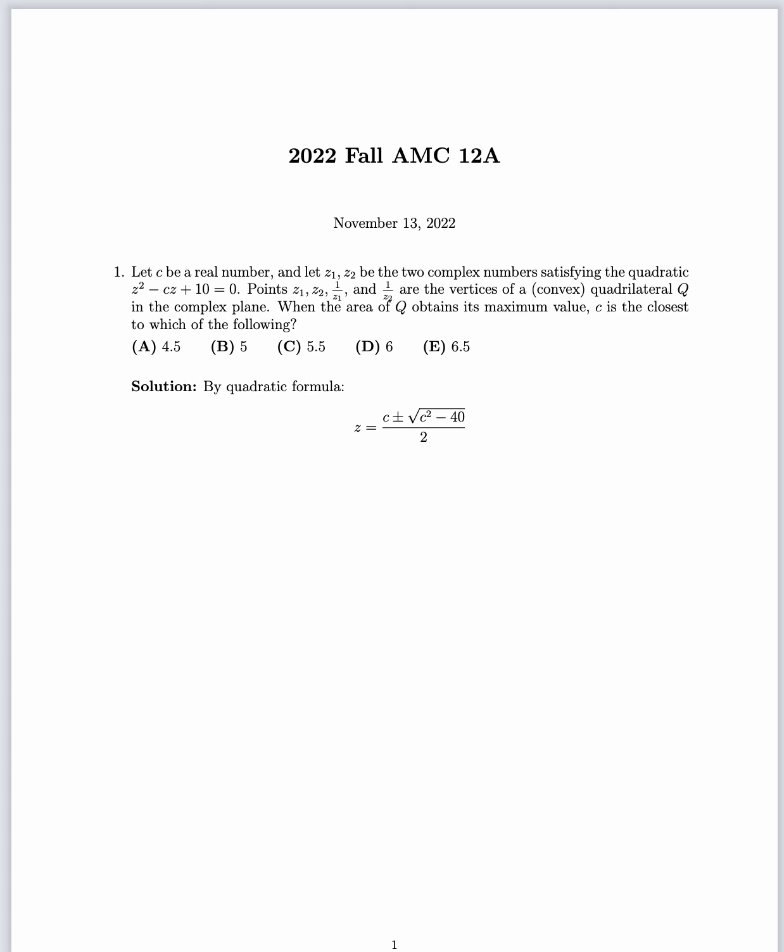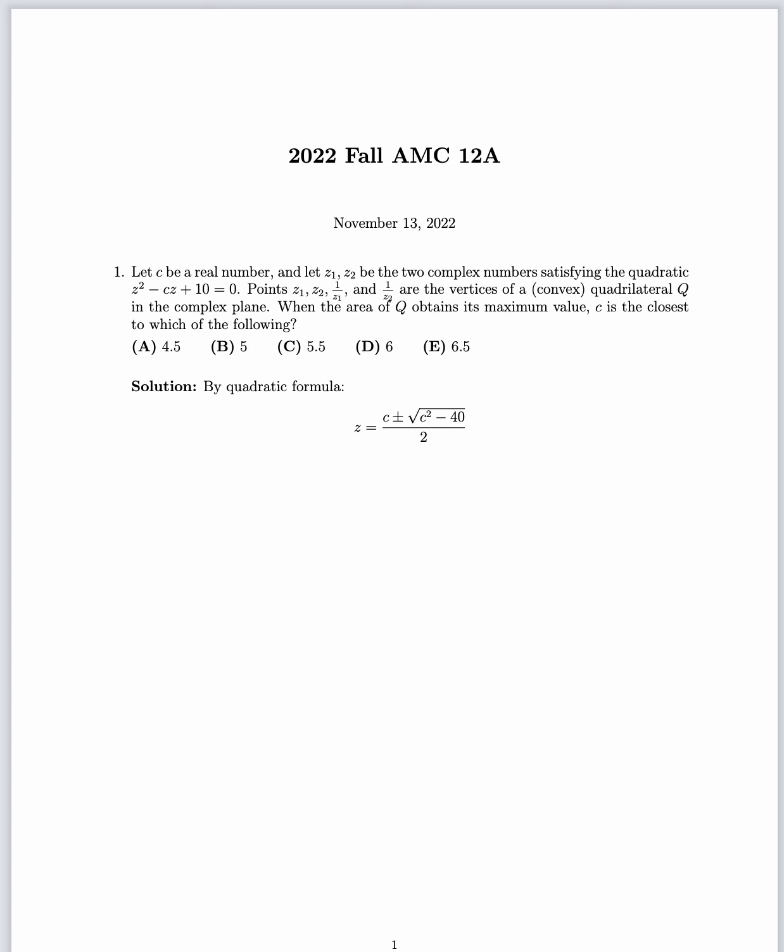But now we can see that this one is not in complex form since we do not have an imaginary part. But when c squared is less than 40, then we're going to have an imaginary part.